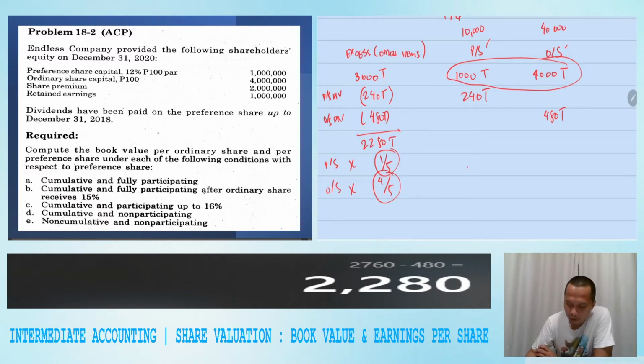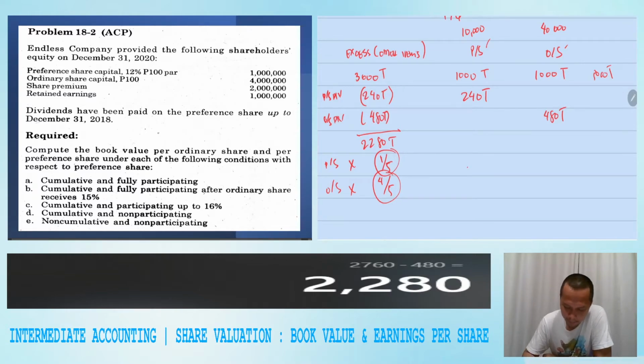If we are to total that, that is 5 million, di ba? So, 1 over 5. 4 over 5. Or, sige, gusto niyo nung mas mahaba pa, times 1 million over 5 million, or times 4 million over 5 million. That is pro rata. Okay?